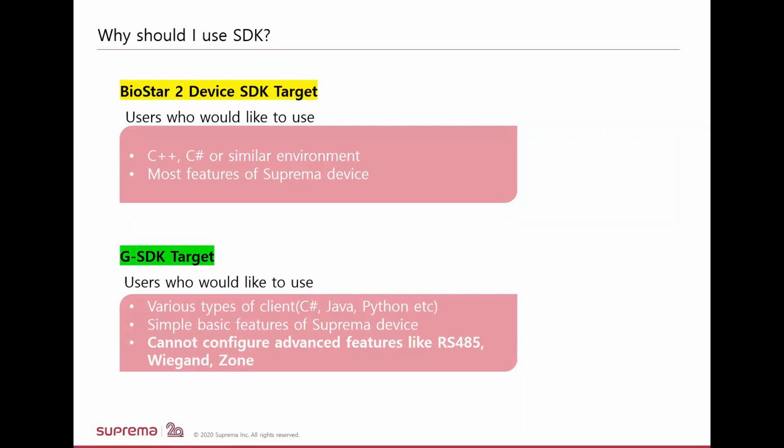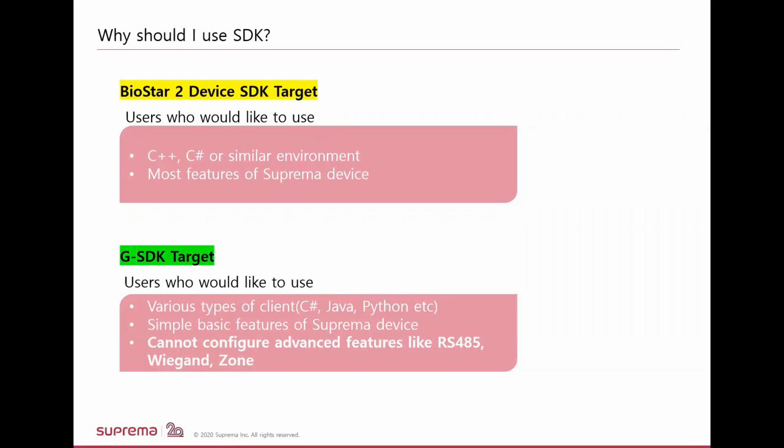Therefore, it can be useful for those who want to develop in a C++ or C# environment. Most features are implemented, including advanced features such as RS485 or weekend configuration or even zones.